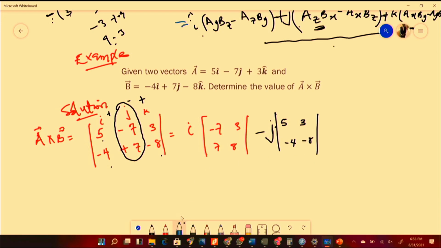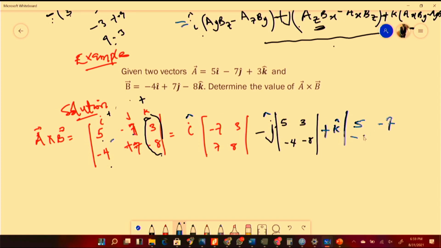And for the last one, now we are going to cover this side. So we are left with positive k, which is our 5. That is this, minus 7, minus 4, and 7.